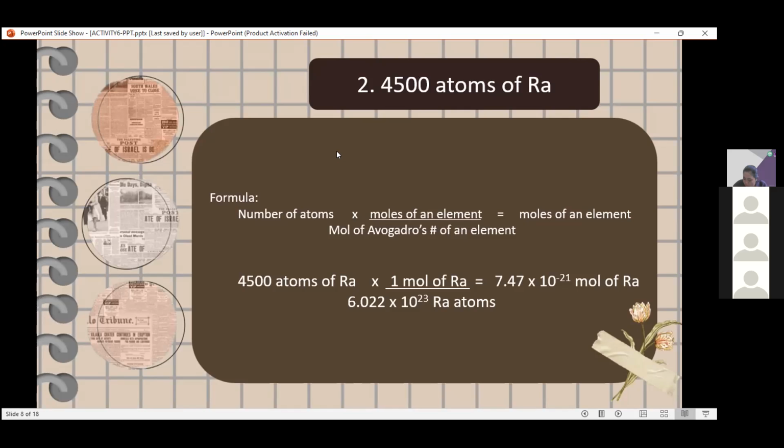Number 2, 4,500 atoms of radium. So we use the same formula. 4,500 atoms of radium times 1 mole of radium over 6.022 times 10 to the power of 23 radium atoms equals 7.47 times 10 to the power of negative 21 mole of radium.